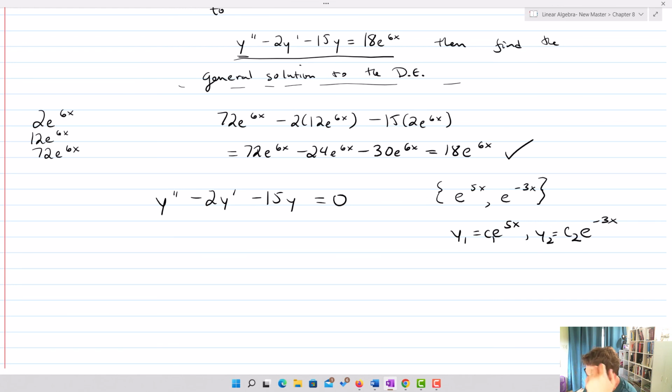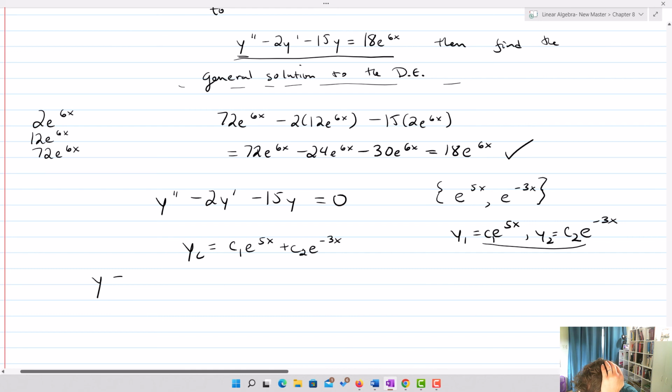What we'll do is combine those two into yc. yc ends up equaling c1 e^(5x) plus c2 e^(-3x). Then, in order to find the whole solution, y equals yc plus yp.